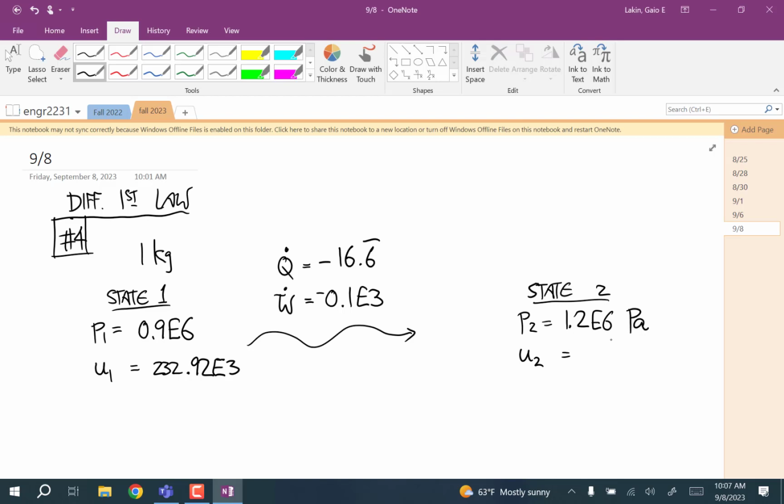And at state 2, it's 276.67 times 10 to the 3 joules per kilogram. No change in kinetic or potential.